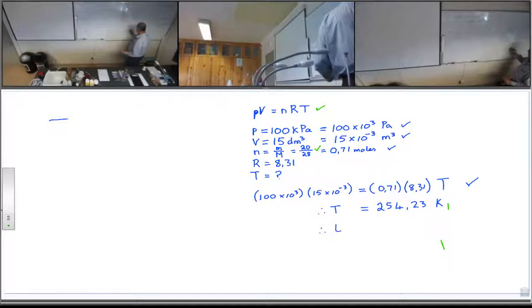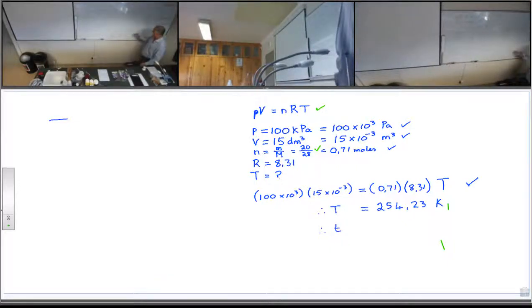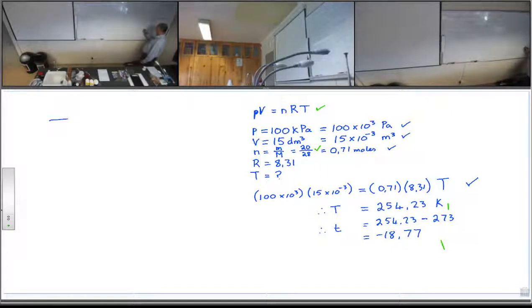Therefore, lowercase t is 254,23 minus 273 gives us minus, degrees centigrade. Right, you would have got an answer there, and you would have got another answer there, which would have been a total of 8 marks.